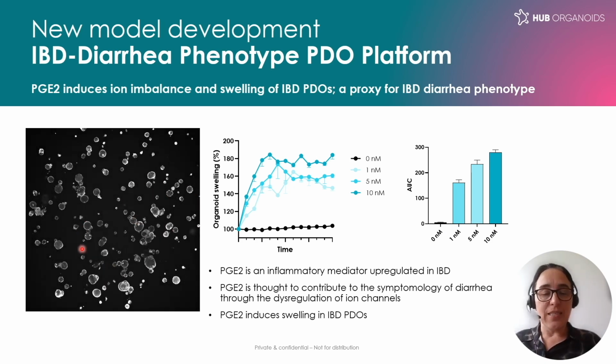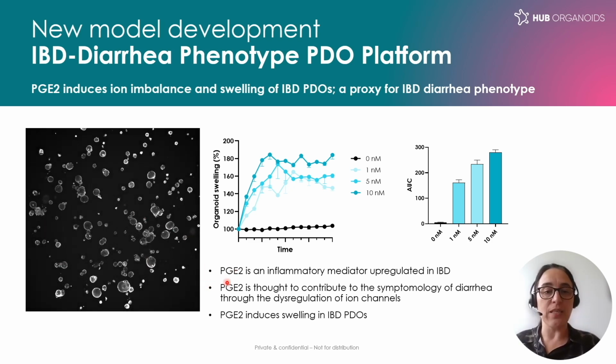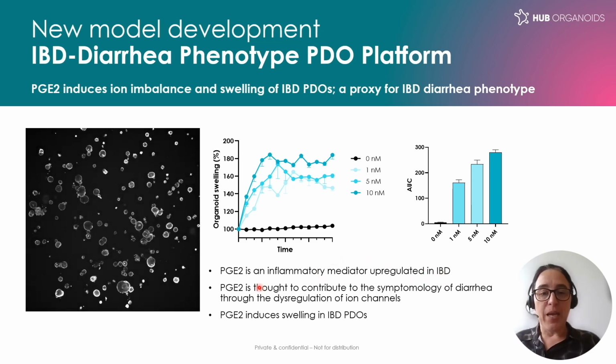So in this sense, this is a video where we have used PG2 as an inducer for this organoid swelling, and we think that having this swelling assay with PG2 is quite relevant because PG2 plays a role in the inflammatory landscape that is observed in patients with IBD.